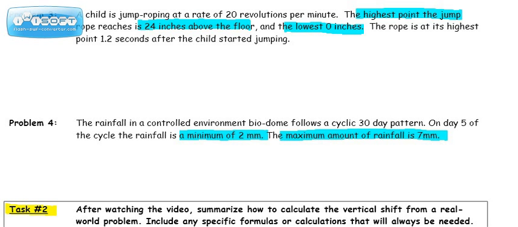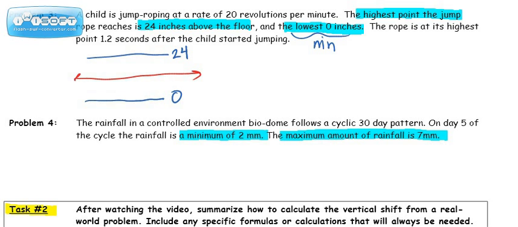For problem 3, we're talking about a jump rope, and I know that the highest that the jump rope reaches above the floor is going to be 24 inches, and it's going to scrape the ground, meaning the minimum is at 0 inches. So if I wanted to find the sinusoidal axis, the middle, again I'm just taking the average.